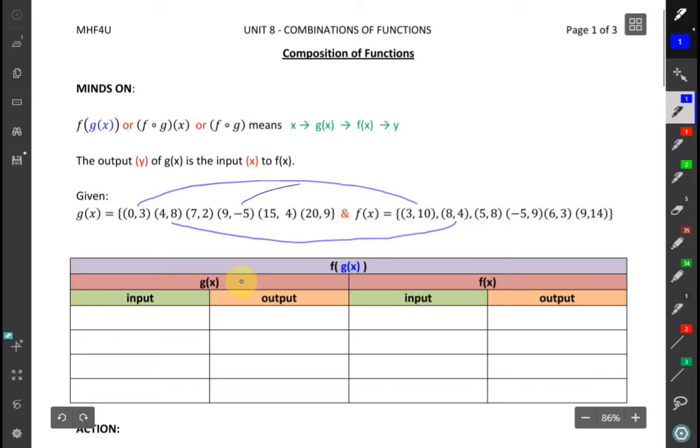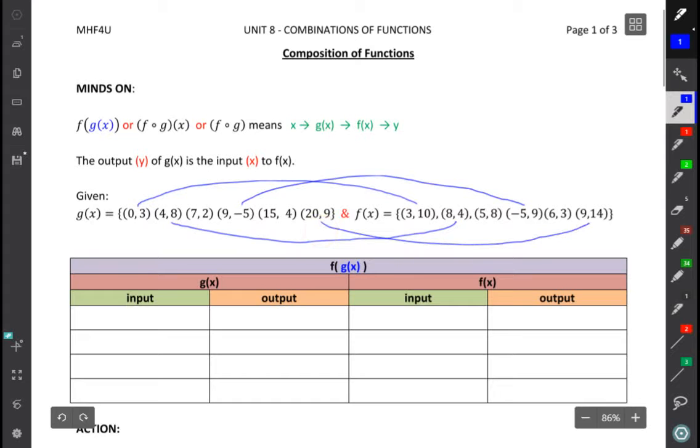So this -5 here would connect with the input to this point here of this function. 4 is not represented in any x's, so that does not connect. And then finally, 20 and then 9, the 9 connects to this last point here, which is an input of 9.